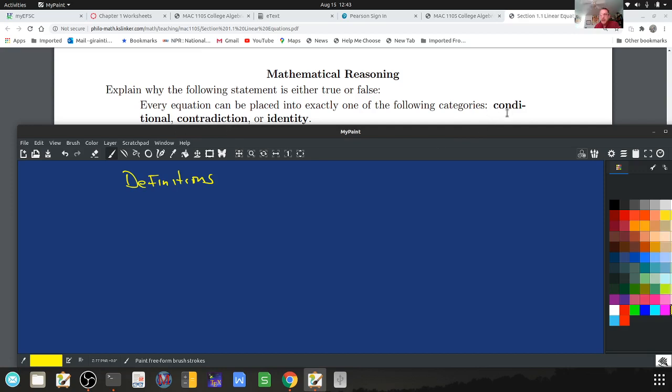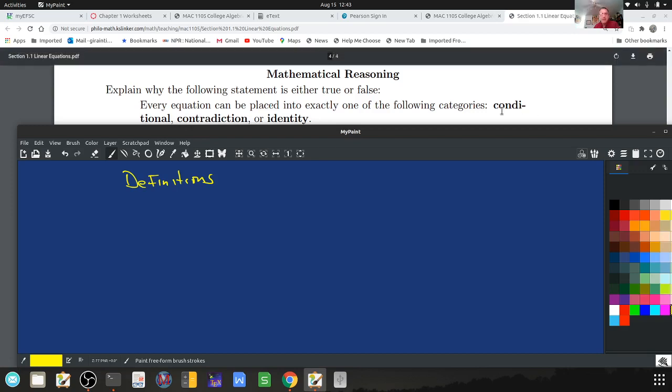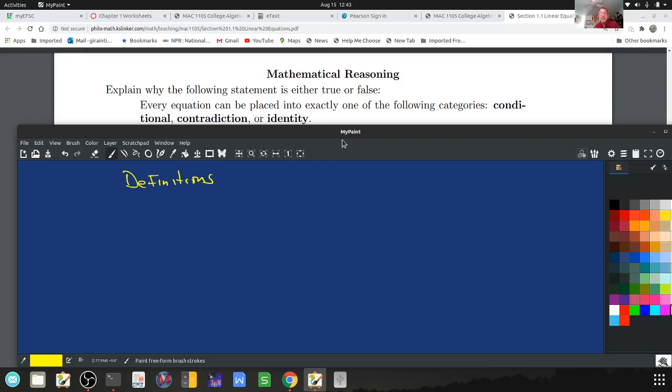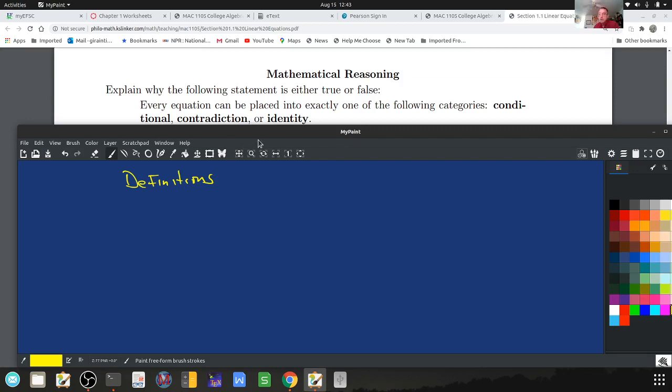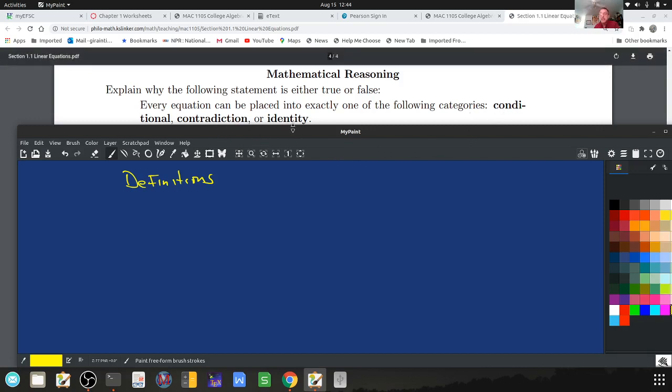Well, an equation that is conditional is one where some numbers are solutions and other numbers are not. A contradictory equation is one that has no solutions.